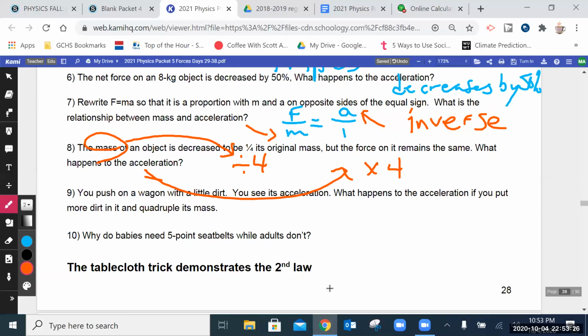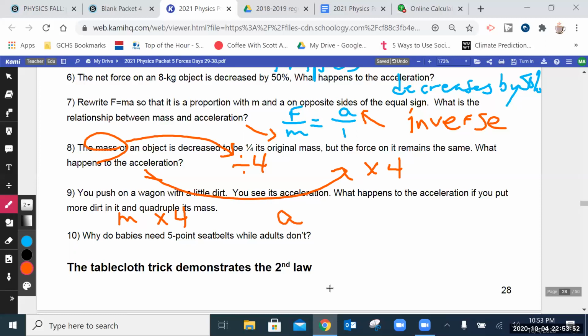Number 9, you push on a wagon that has just a little bit of dirt in it, and you see its acceleration. What happens to the acceleration if you put more dirt in it and you quadruple the whole mass? Okay, quadrupling the mass means that the mass is multiplied by 4. So that means it gets heavier and heavier. It's harder to push.